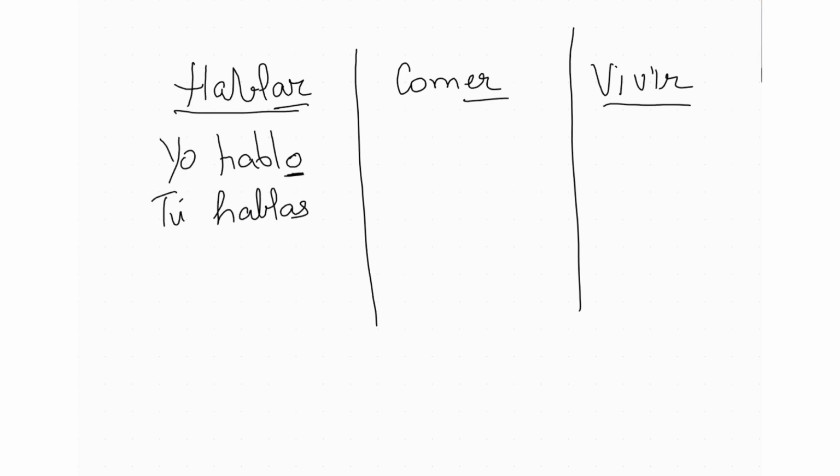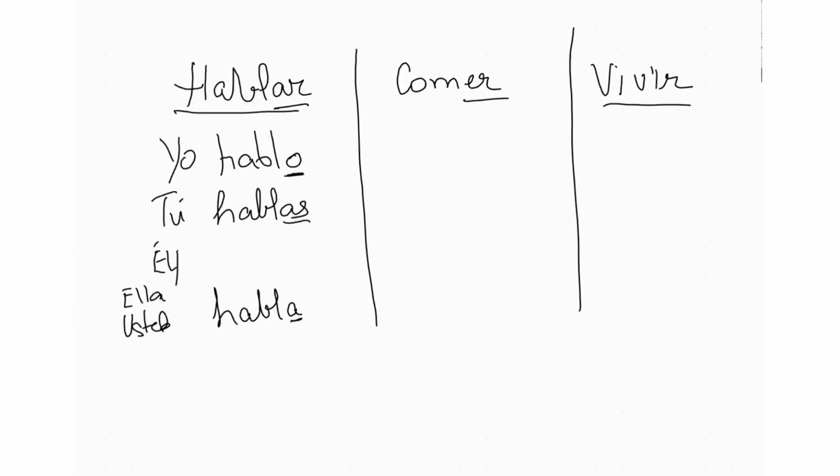You speak. But he, she, él, ella, usted. Like you told me, ma'am, usted. So usted is habla. Did you get this? Yes. O, as, a, only this is changing.